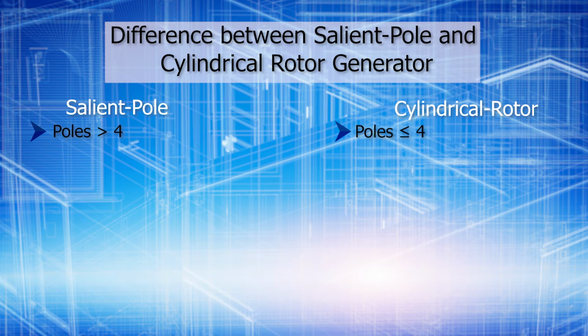Poles more than 4 means the speed is slow, and poles less than or equal to 4 means quite high speed. So cylindrical rotor is preferred for high speed, therefore the construction will have poles either 4 or less than 4.